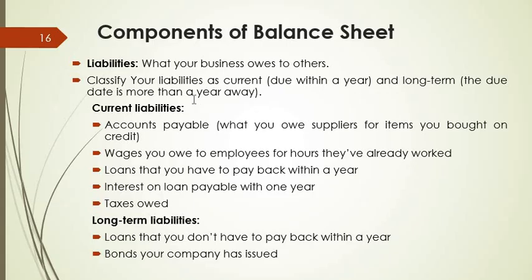Current liabilities include accounts payable, what you owe suppliers for items you bought on credit, wages you owe to employees for hours they have already worked for your company, loans that you have to pay back within a year, interest and loan payable within 1 year, and taxes owed. Long-term liabilities, which you don't have to pay back within a year, and bonds your company has issued, all come under long-term liabilities.